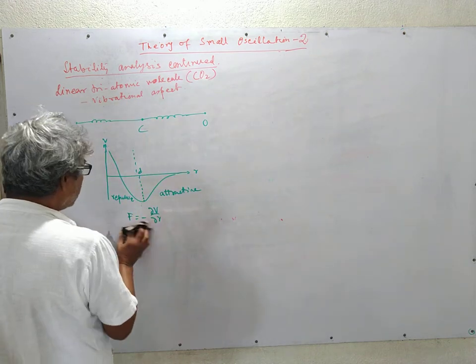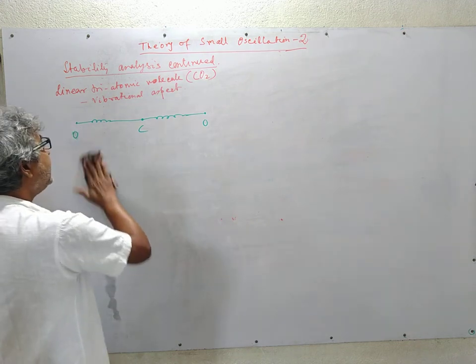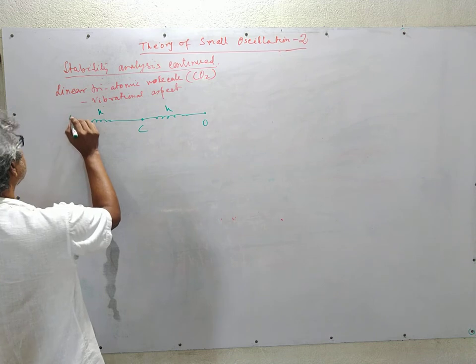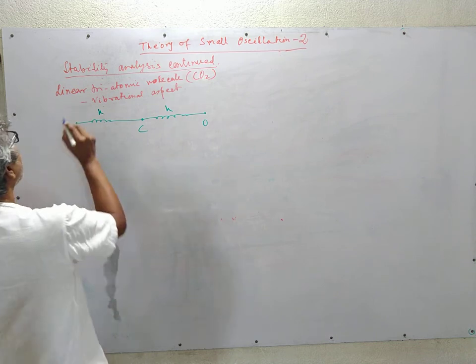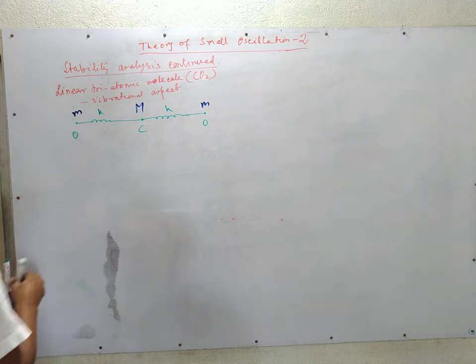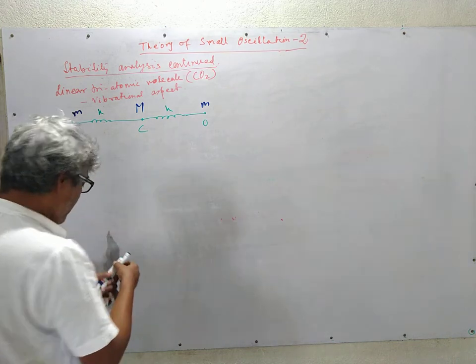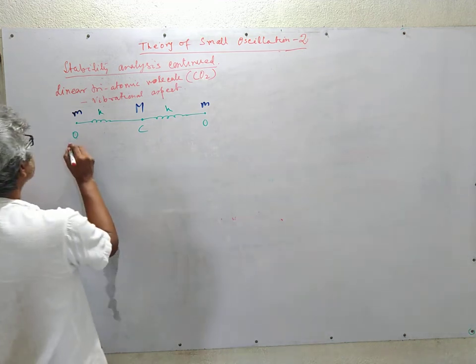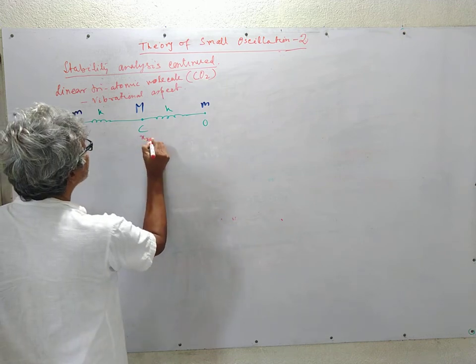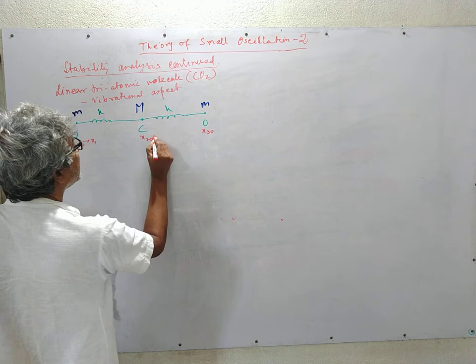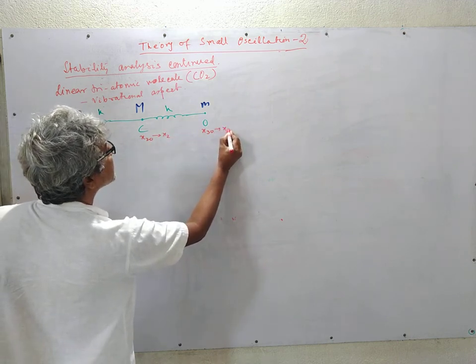We could model this system as if the atoms are connected by simple elastic springs of spring constant K. The mass of each oxygen atom is denoted by small m, and that of the carbon atom is denoted by capital M. Consider x10, x20 and x30 as the equilibrium positions of the atoms, and the displacements from them are denoted by x1, x2 and x3.